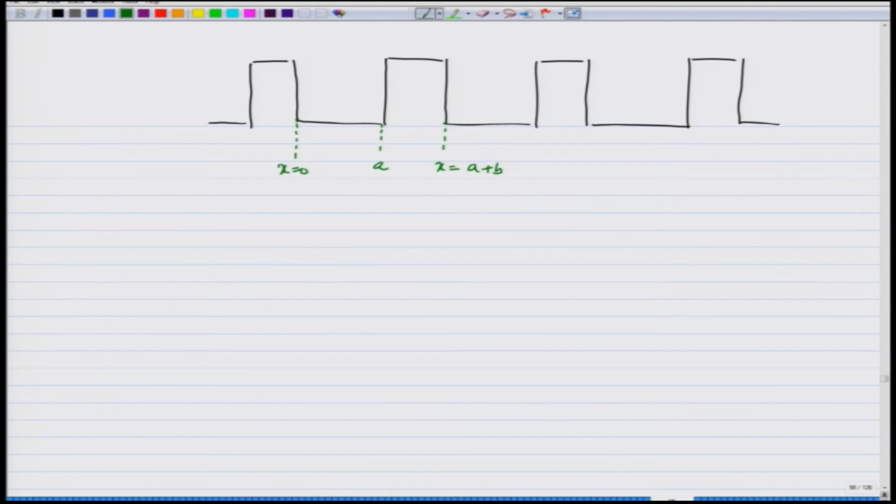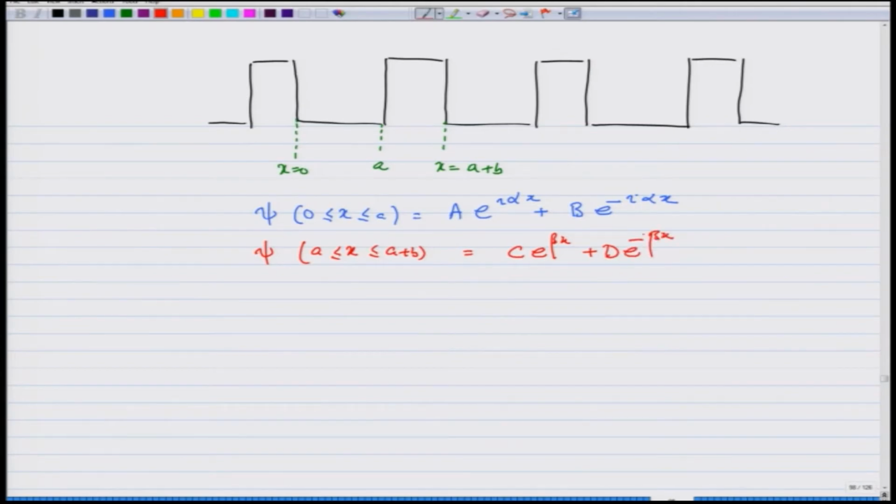What I have is that the wave function psi between 0 and a is A e raised to i alpha x plus B times e raised to minus i alpha x, and psi for x between a and a plus b is equal to C e raised to beta x plus D e raised to minus beta x. Now, for the boundary conditions, I have unknowns A, B, C and D and the energy itself. Now let us apply boundary conditions.